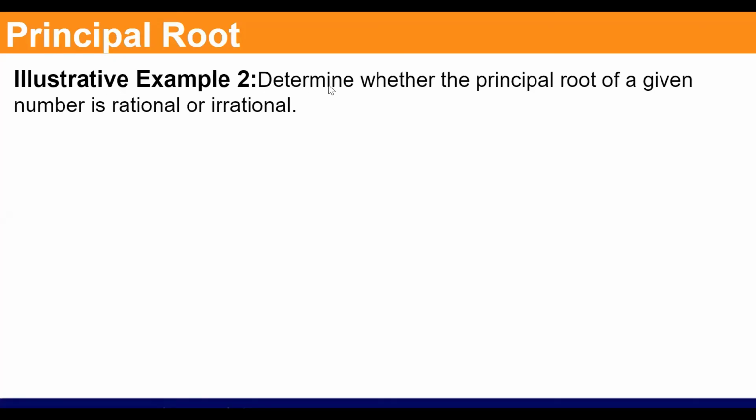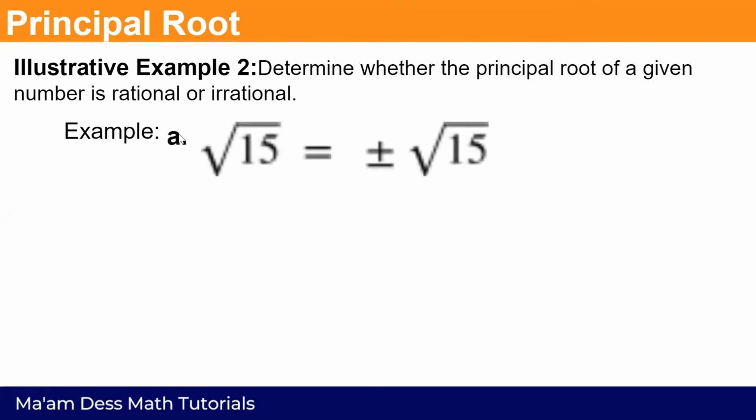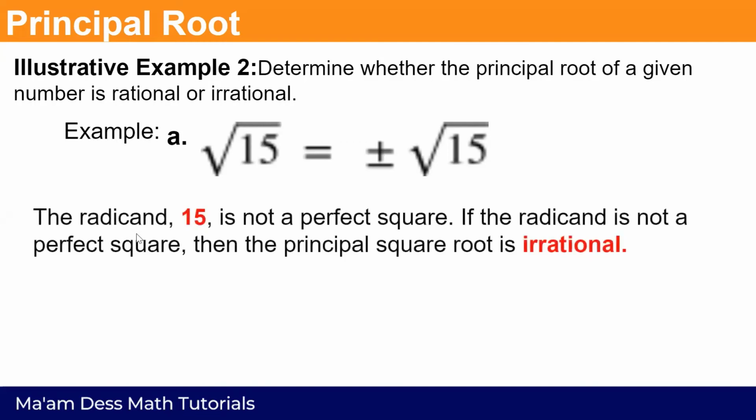Illustrative example 2. Determine whether the principal root of a given number is rational or irrational. Sample 1. Letter A. Square root of 15 is equal to positive or negative square root of 15. So, yung 15 po is the radicand.